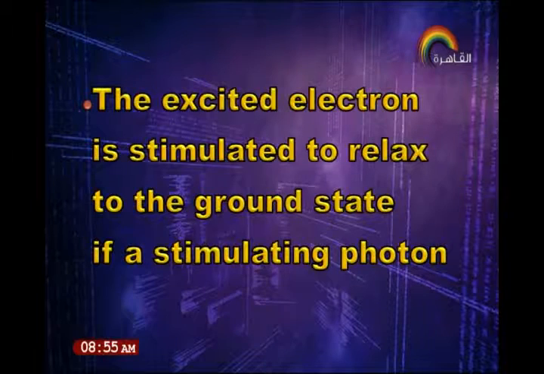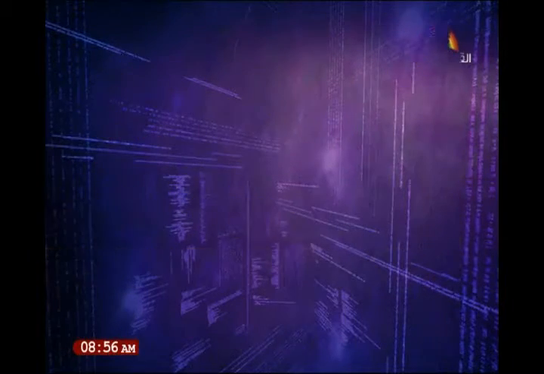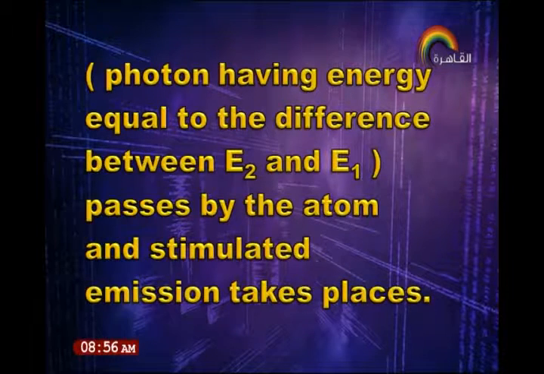The excited electron is stimulated, driven to relax to the ground state before its lifetime is over, if a stimulating photon, having energy equal to the difference between E2 and E1, passes by the atom and a stimulated emission takes place.